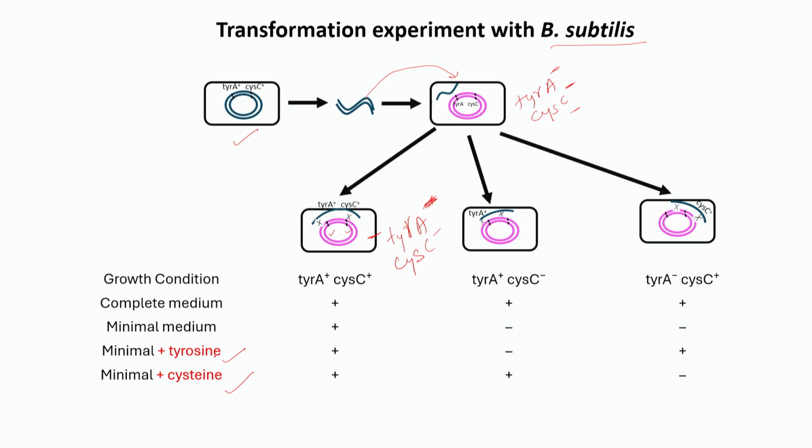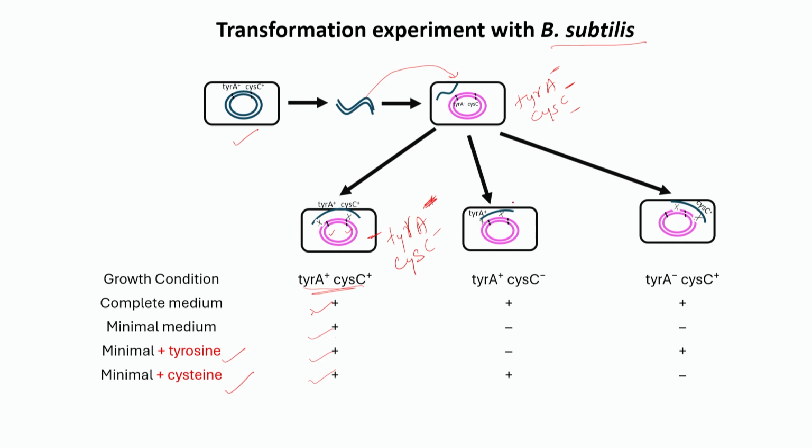It can only grow on minimum media when it has these two genes. On complete media it will definitely grow, because on complete media anything will grow. So, that is your sort of control. And on minimum media, it can only grow when both genes are present. It will definitely grow in the minimum media supplemented with tyrosine, it does not matter for it, and the same is true for cysteine.